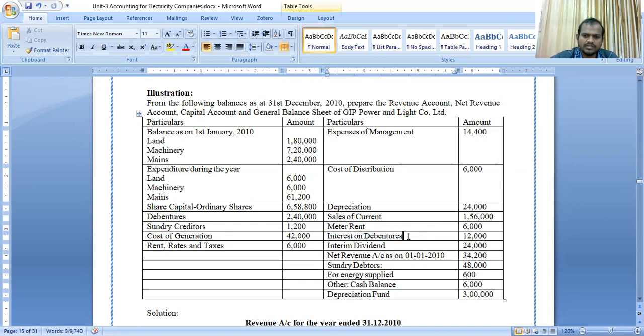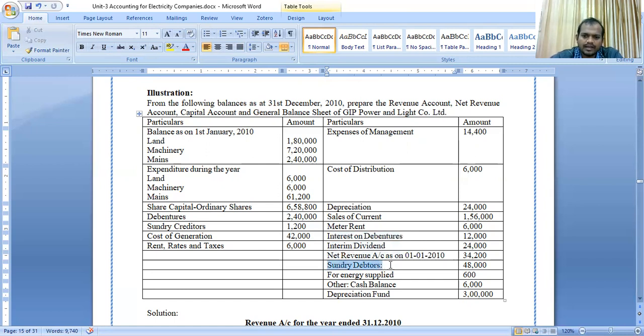Interest on debentures, interim dividend, and net revenue account as on 1st January 2010, these three belong to the net revenue account. Net revenue account is nothing but profit and loss appropriation account, so we have to mention these three amounts in the net revenue account.